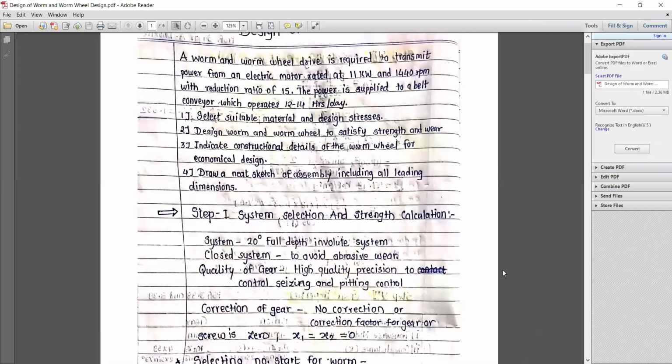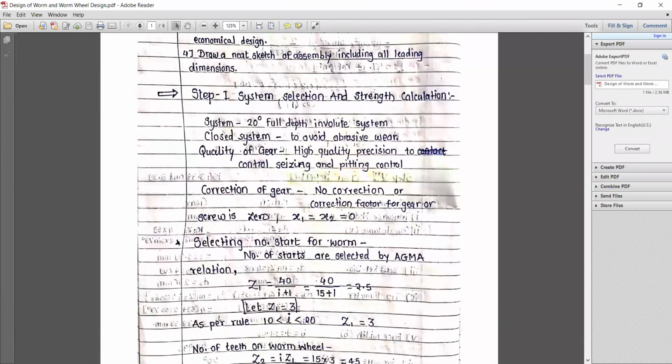So the first step is to select a system and the strength calculation. Based on the strength calculation, we have to select the weaker element. Initially we have selected the tooth system as a 20-degree involute full depth involute system.